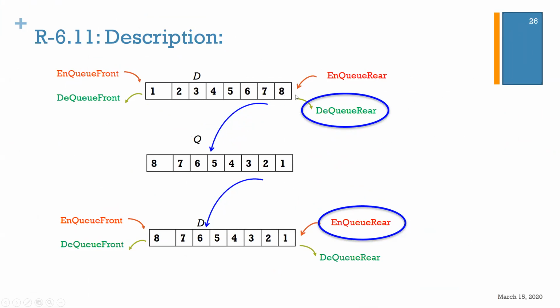From DQ rear for the double-ended Q, 8, and then NQ here, 8, 7, 6. But NQ here means that it's not NQ at the front, but NQ at the rear. This will add to the rear because this is the first set. Added 8 here, not at the front, but it becomes the front at the last element because this will move. This is the concept, right?